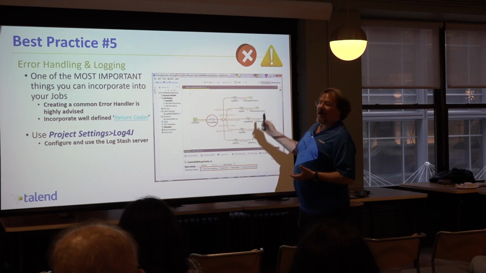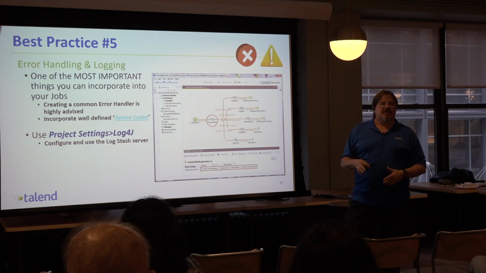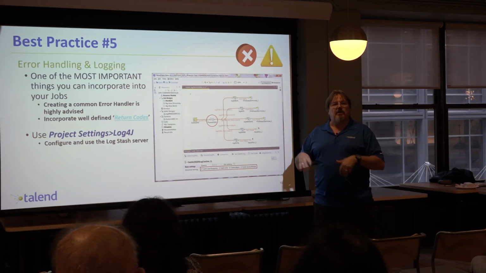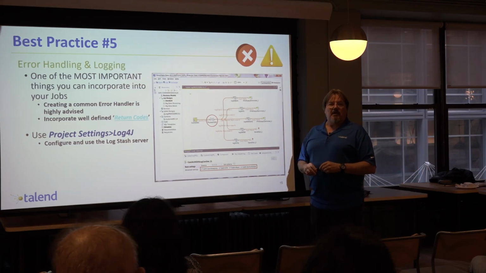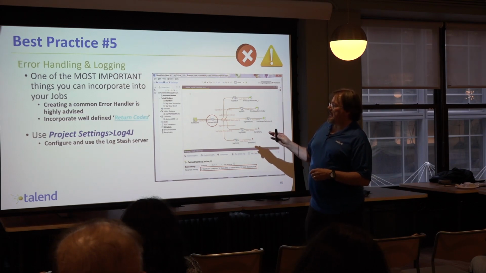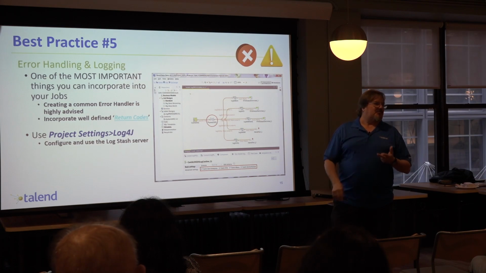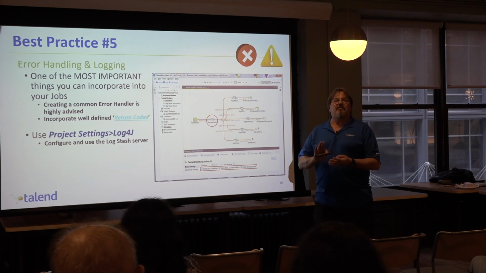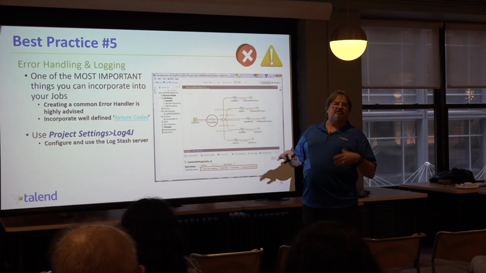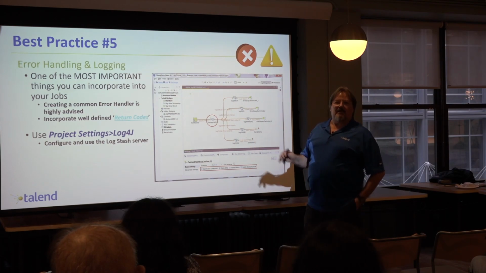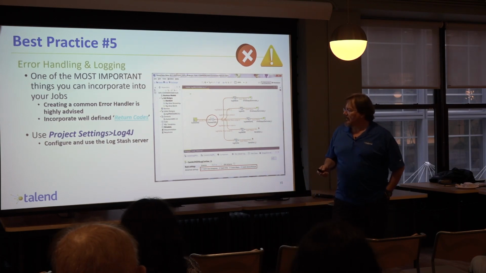With things like tDie and tWarn, tAssert, and there's a few other ways to trigger an exception. But everything is going to be logged as a technical. This is when it started, this is when it stopped, this is the elapsed time, this is how many rows it processed. There's a whole variety of things, and we'll look into that a little bit tonight.